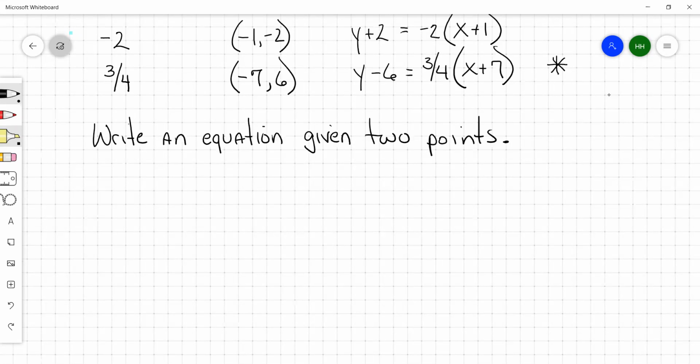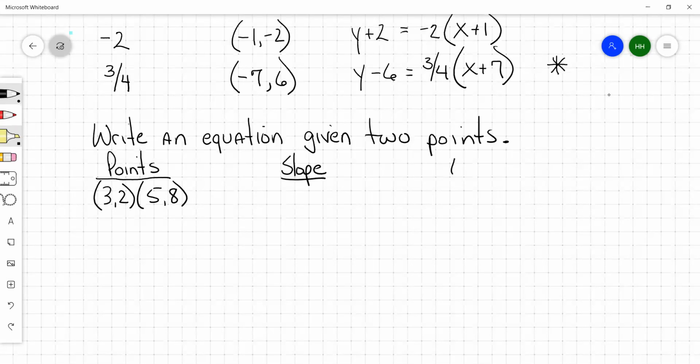So let's say that you are given the 2 points. Here's your points: (3, 2) and (5, 8). What you don't have is the slope, and you've got to write the equation.